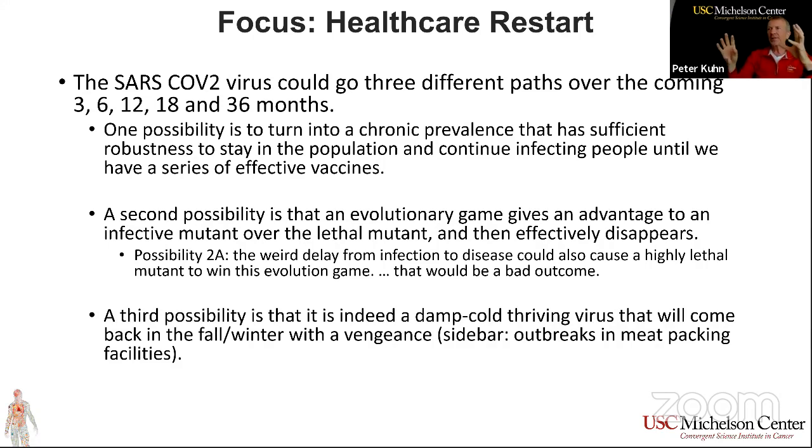A third possibility is this second wave concept. That is that this virus is in fact a damp, cold, thriving virus that will come back in the fall and in the winter with a vengeance. There is discussion around this.